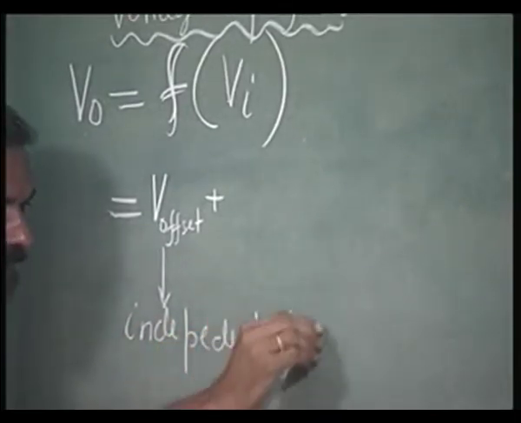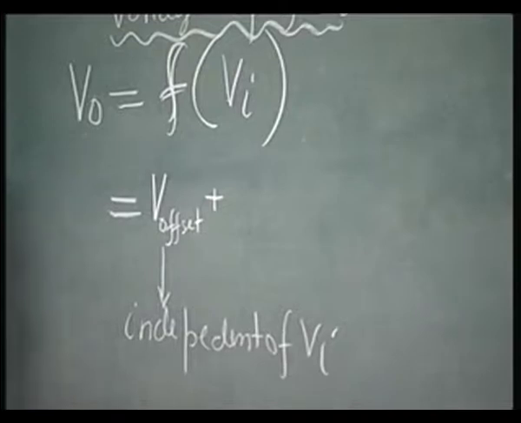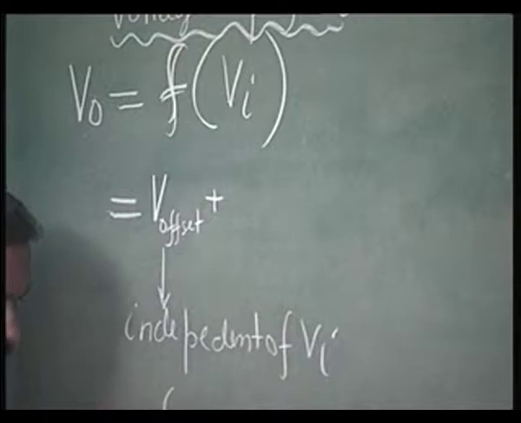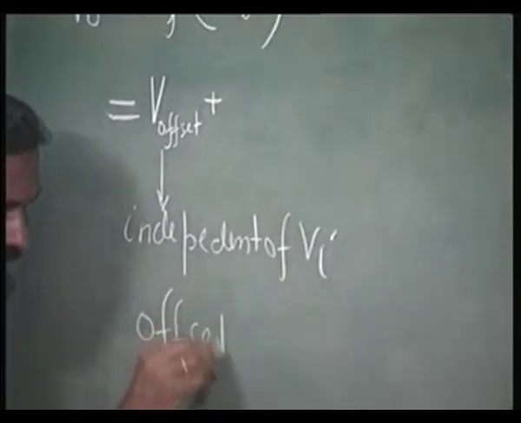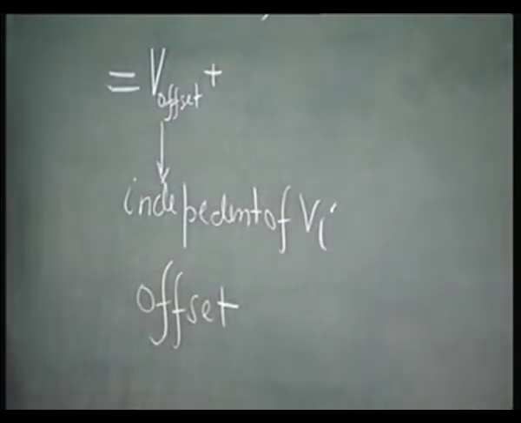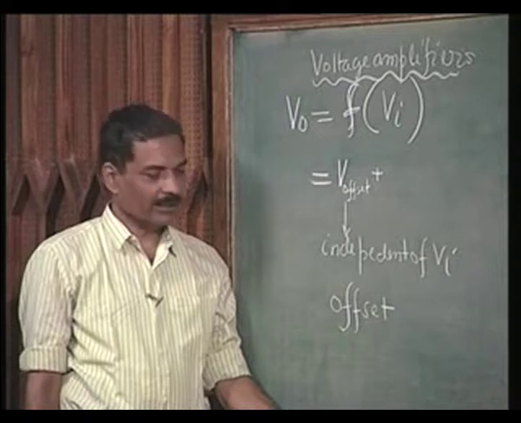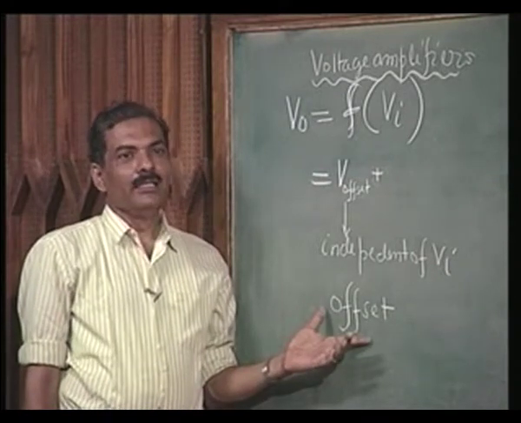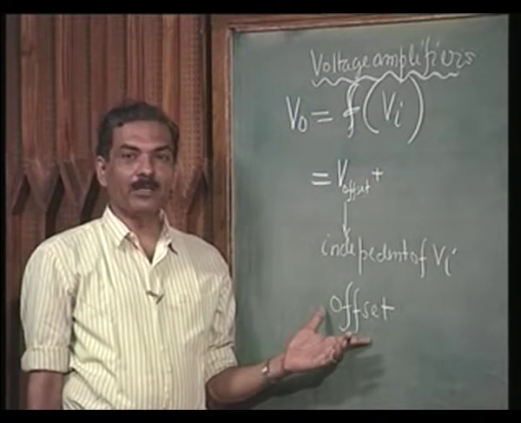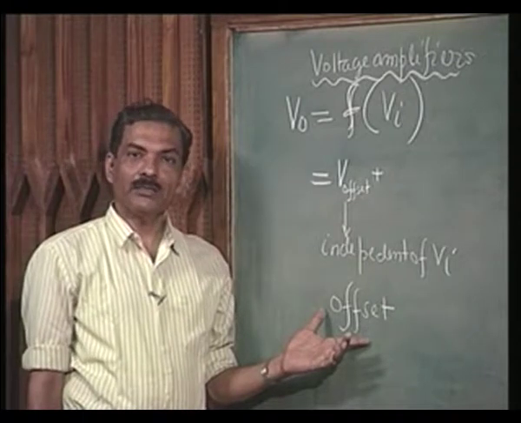That voltage is called offset voltage. In an ideal amplifier, we do not want to have this kind of offset voltage. In an actual amplifier, this might also be called quiescent voltage.